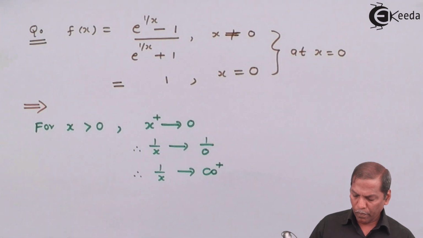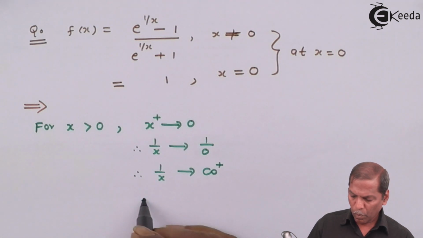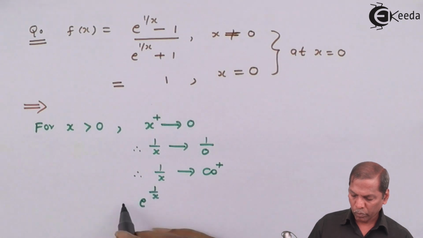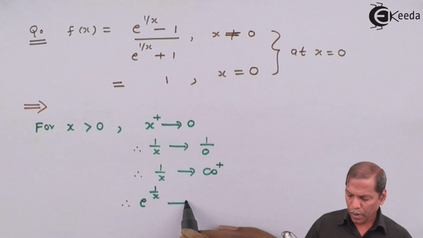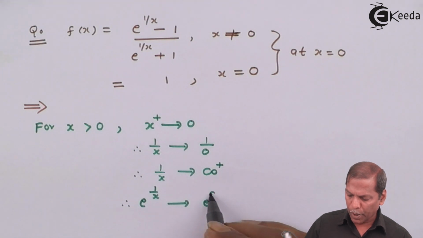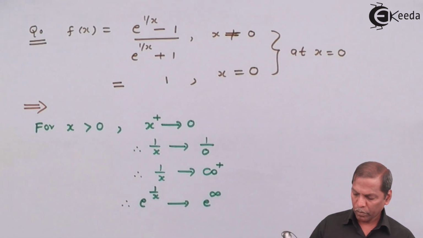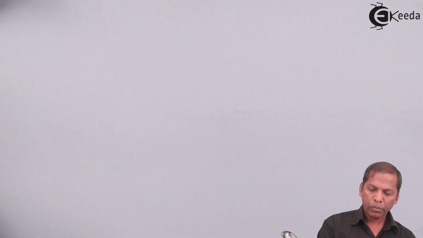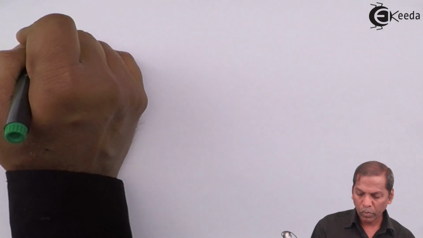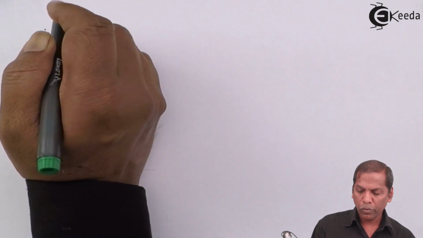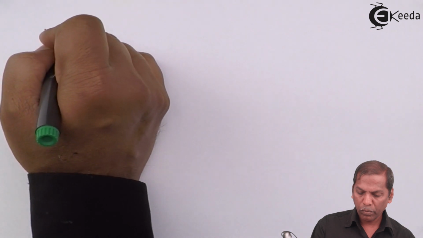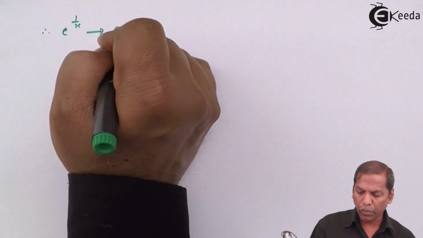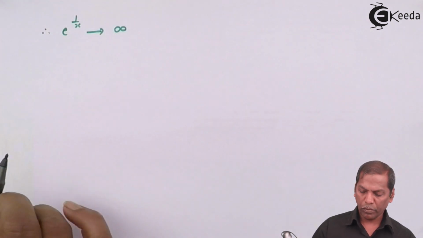Secondly, e raised 1 upon x tends to e raised infinity, and therefore e raised 1 upon x tends to infinity.